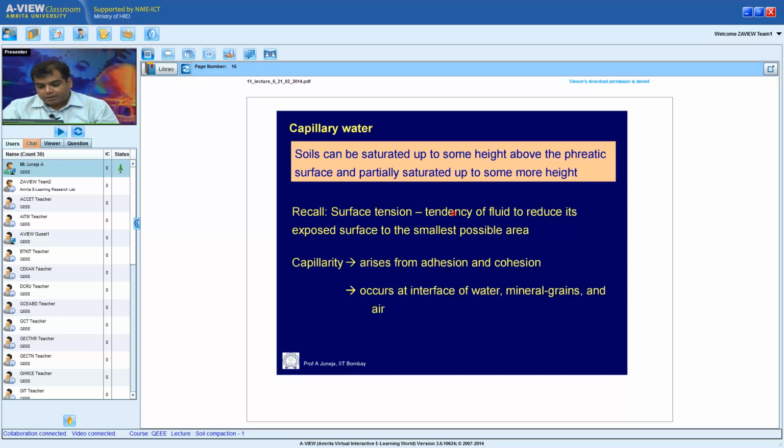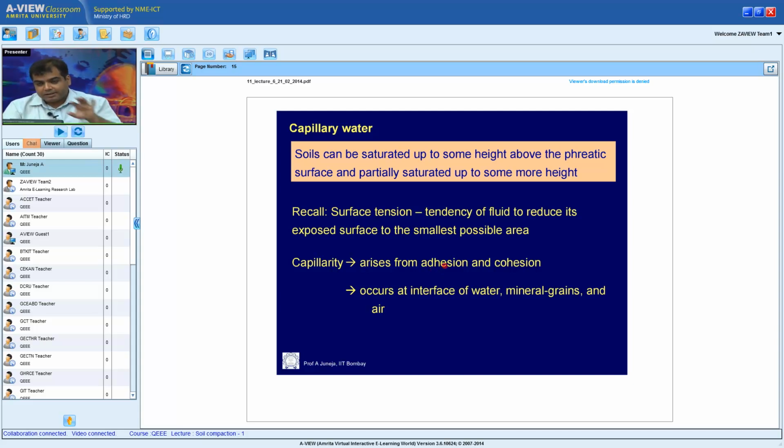Okay. Those features, if you recall surface tension in physics, surface tension was the tendency of a fluid to reduce its exposed surface. So it tries to reduce the exposed surface to the smallest possible, because of which it tries to hold on to the various particles and tries to climb up. This climbing up balances to some extent.